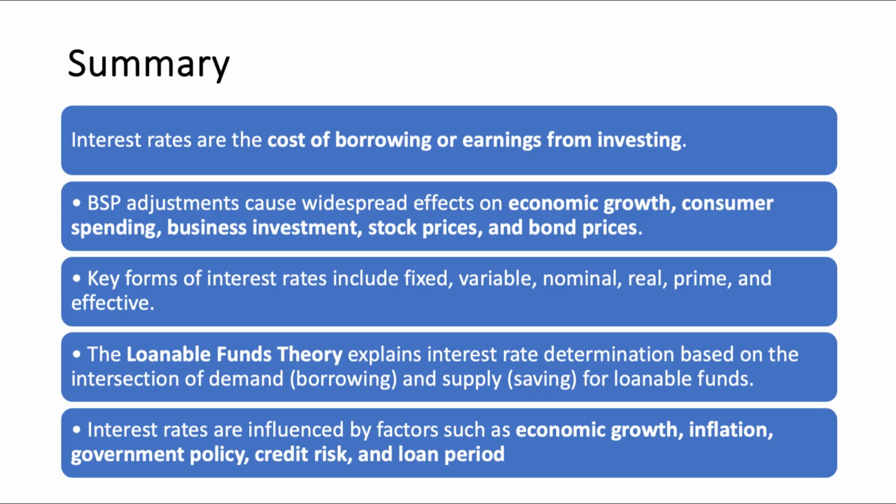Strong economic growth raises demand for loans, inflation pushes rates higher to preserve value, government policies like BSP adjustments or fiscal measures shape overall levels, credit risk makes risky borrowers pay higher rates, and the loan period influences costs, with long-term loans typically carrying higher rates than short-term ones. In short, interest rates connect financial decisions, market movements, and overall economic stability, making them a key concept to master in finance and accounting.